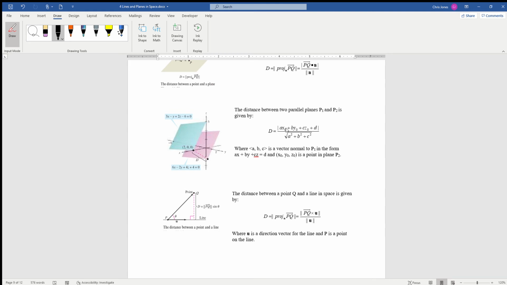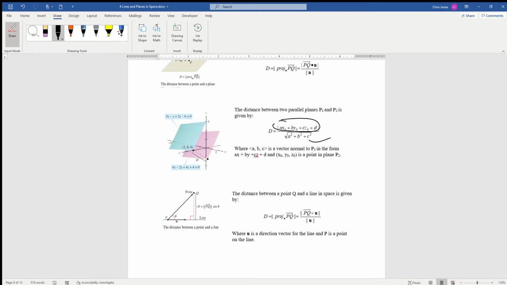If you look at our formula, the numerator almost looks like the equation of a plane: the dot product, and then d is equal to whatever that constant is. And then the denominator is the magnitude of the coefficients of the other plane. So again, we're trying to find a projection by utilizing a dot product and a magnitude.